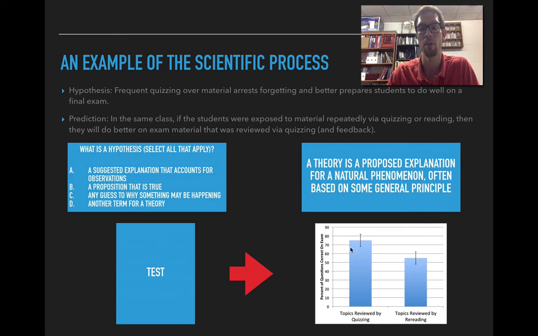And over here you might see 75, whereas the rereading material, where you weren't actually pre-tested over it, you only get 55%. So you do better on topics reviewed by quizzing than by rereading.